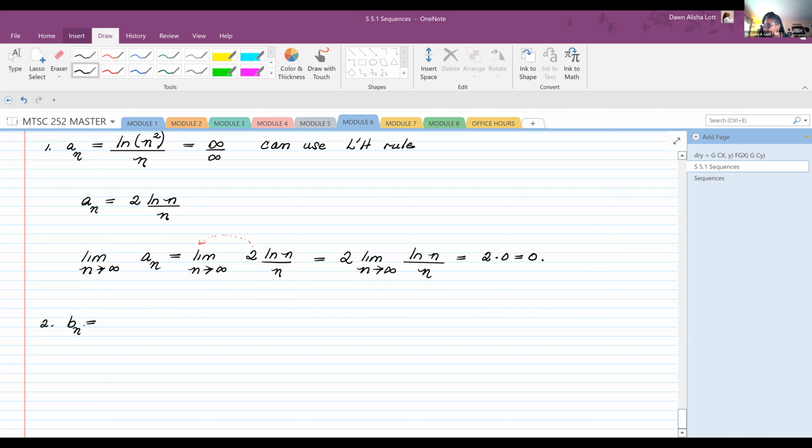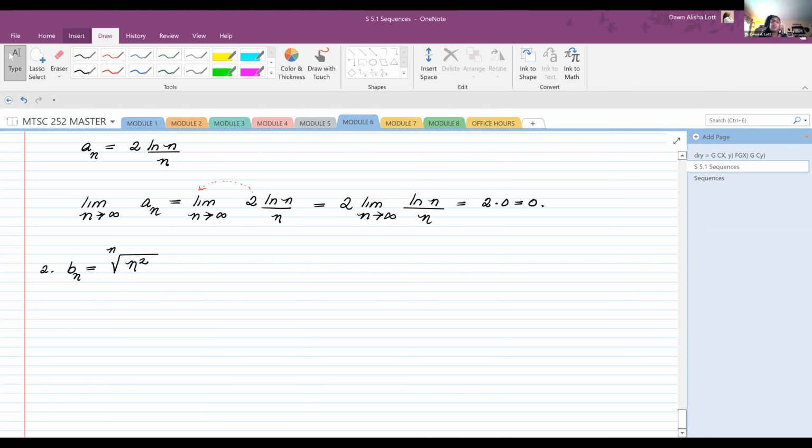b_n is the nth root, I apologize, of n squared. Okay, so I can fix this again, make it look like something I know. I can make b_n look like the nth root of n quantity squared by using properties of exponents.